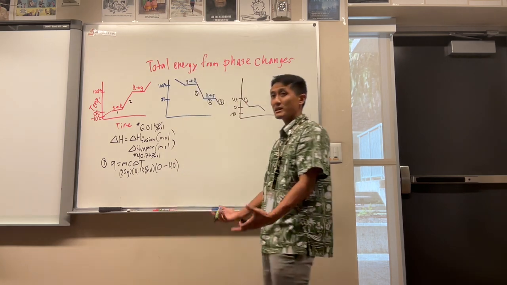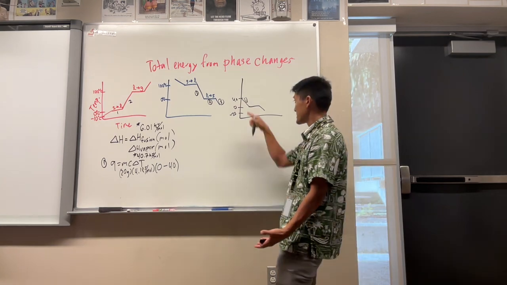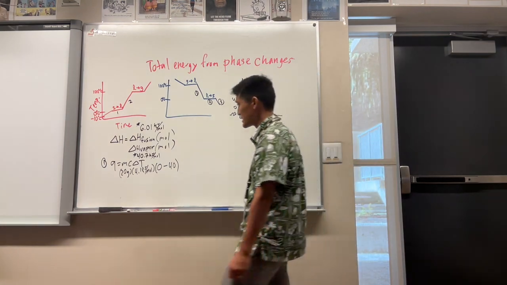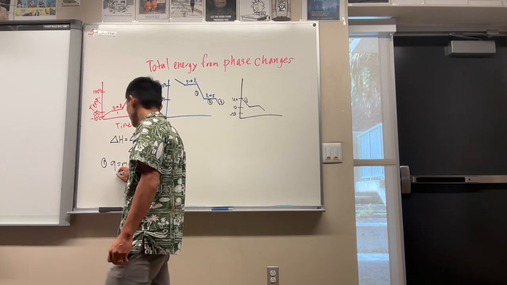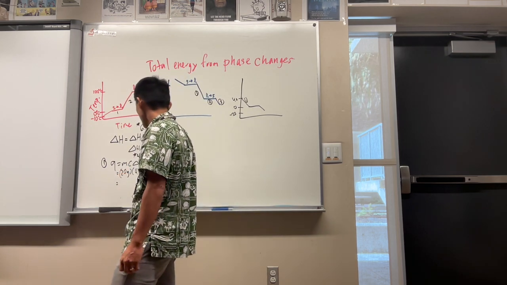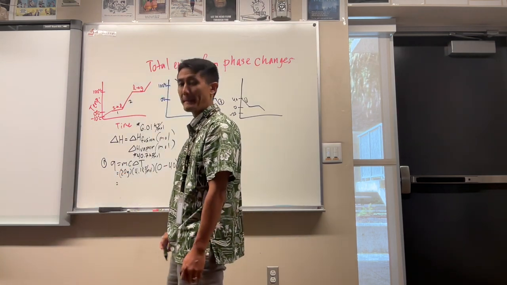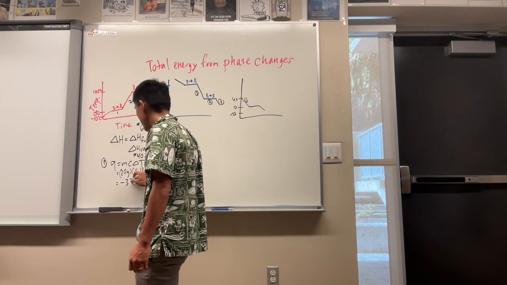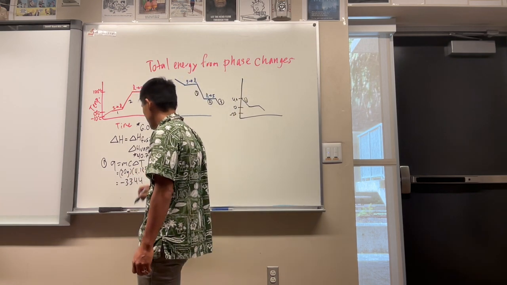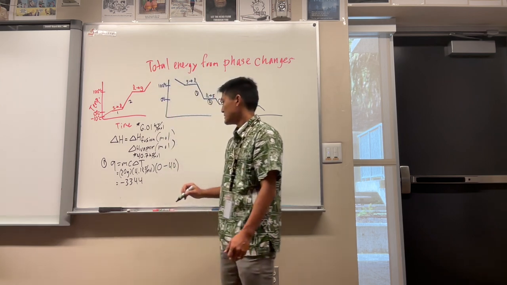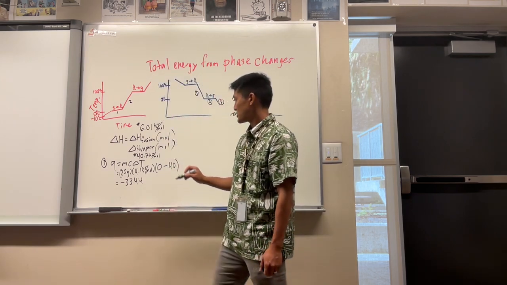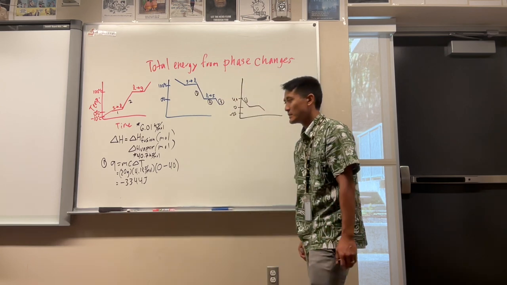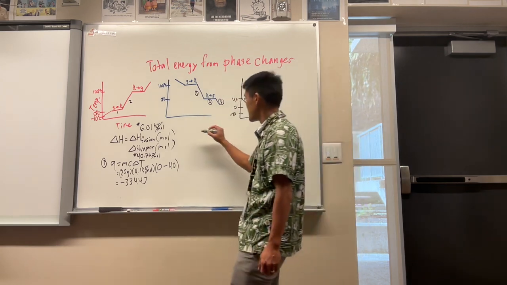We're going to get a negative number, and that's fine because we're trying to take away heat from the water. So you get negative 3,344. Unit? Joules. Okay, good, that's step 1, pretty easy.